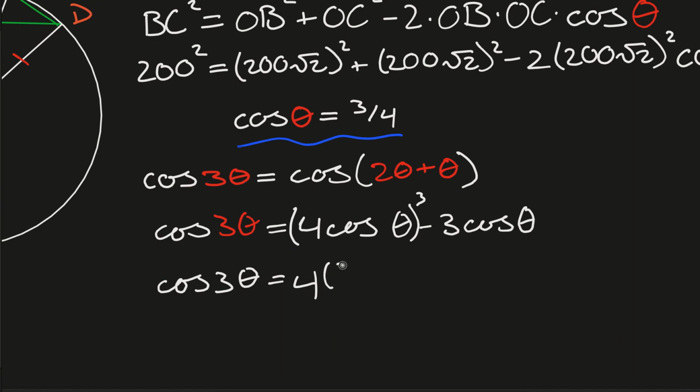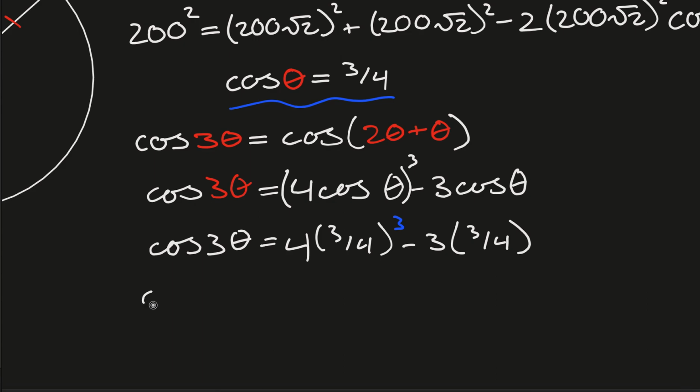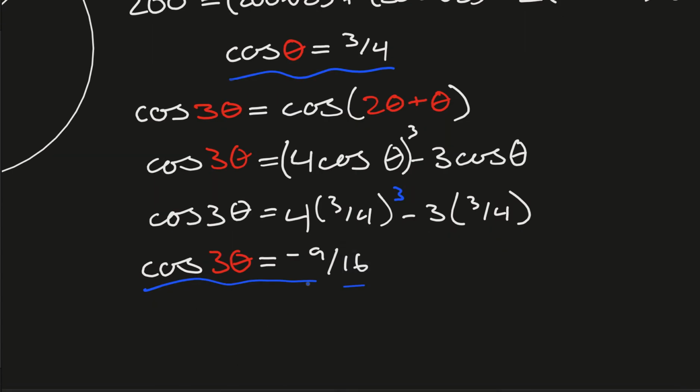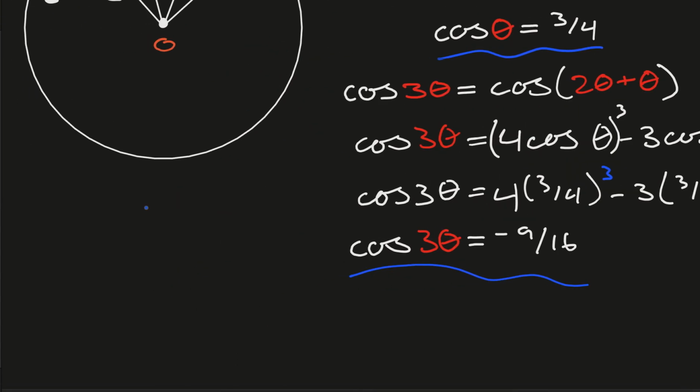Cubed, minus 3 times 3/4. After simplifying, we should get cosine 3 theta is equal to negative 9/16. So negative 9/16.